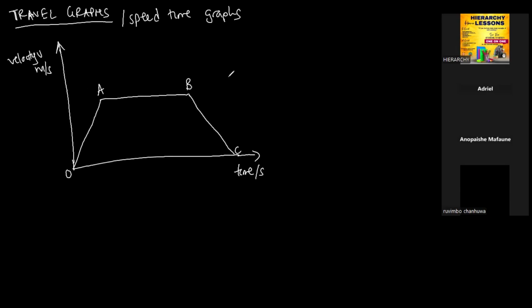that is embarking on a journey, region O to A represents acceleration, which is constant. So O to A represents constant acceleration, right? And then A to B, that's when the particle will have a constant velocity, right?